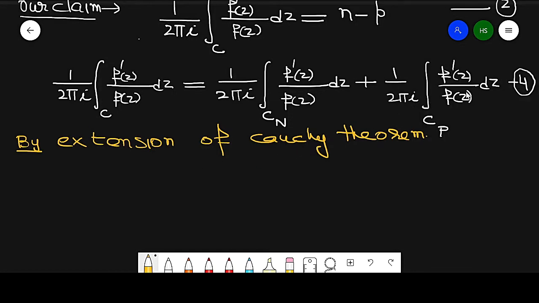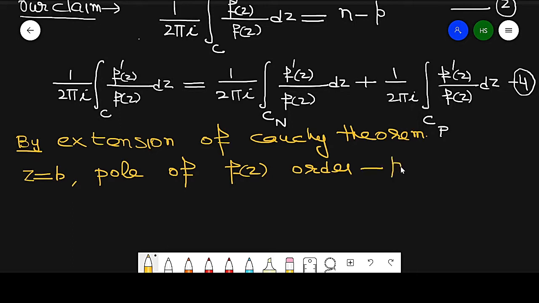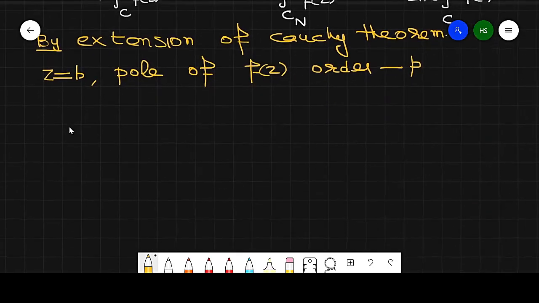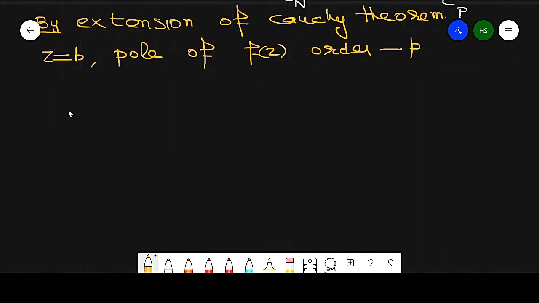Now since z equal to b, so what is z equal to b? It is a pole of function f z of order p, with multiplicity p. Then how can we find the residue of this function?